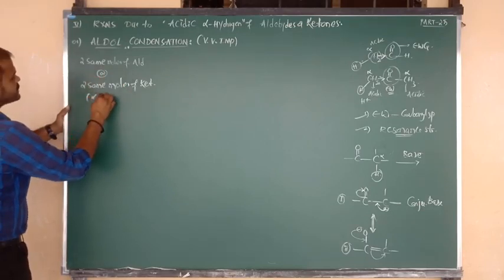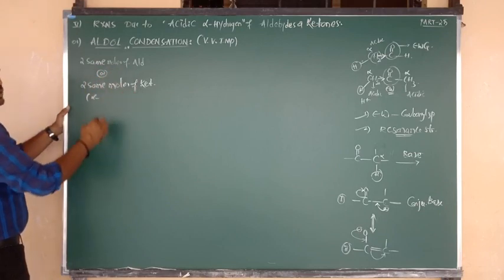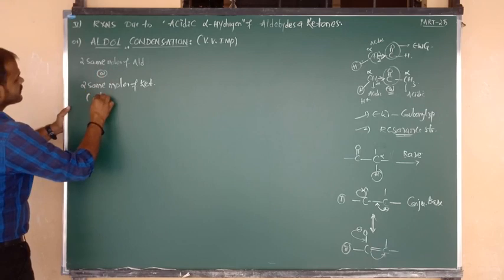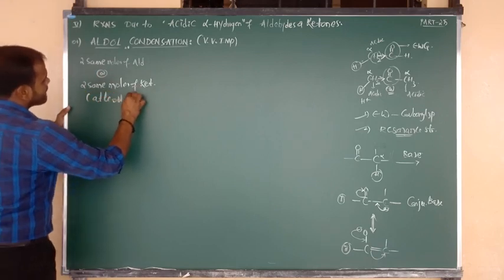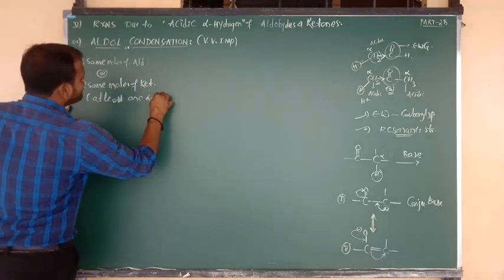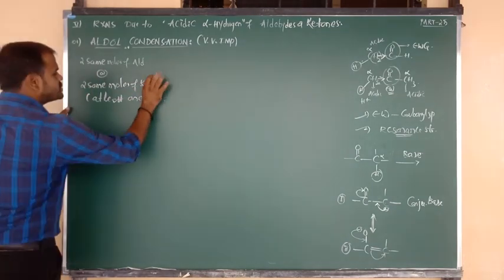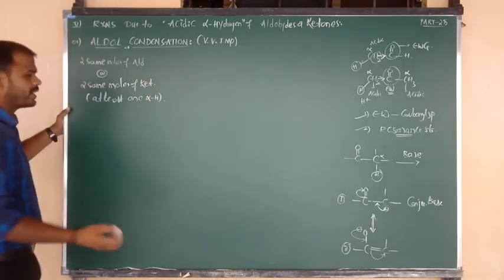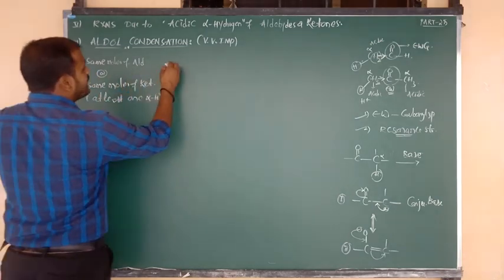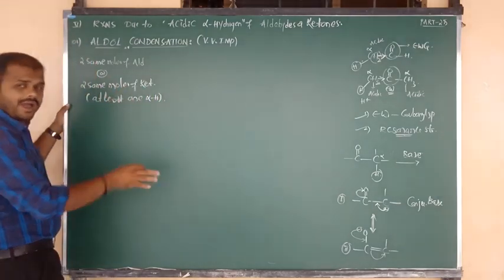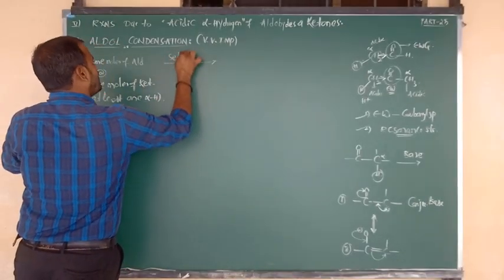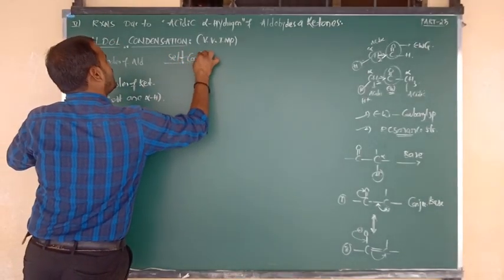In aldol condensation, the aldehydes and ketones involved in that reaction should contain at least one alpha hydrogen. At least one what, beta? Alpha hydrogen. That is the required condition. Okay, fine. Two same moles of aldehydes which have alpha hydrogen atoms undergo a reaction called self-condensation.